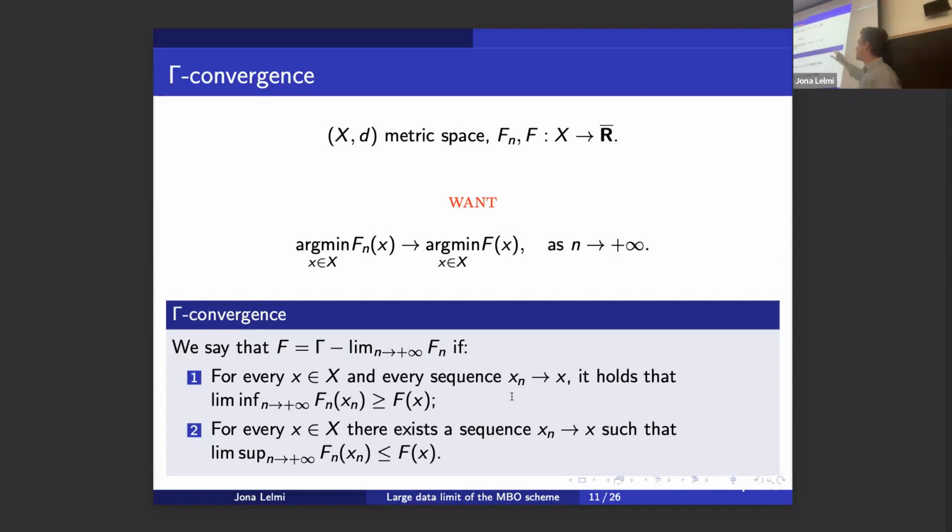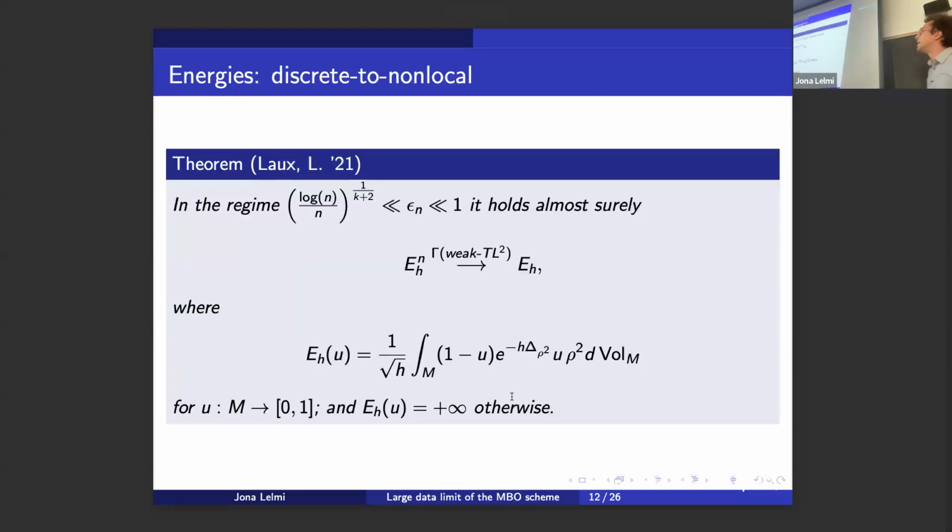It's a fact that gamma convergence implies the convergence of minimizers. So this is really the notion of convergence that we want to use to study the MBO scheme. The result that we have for this is the following.